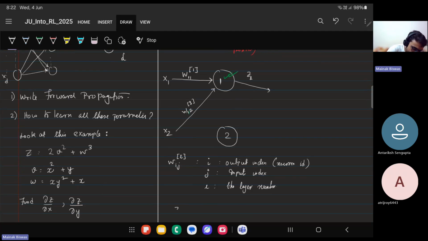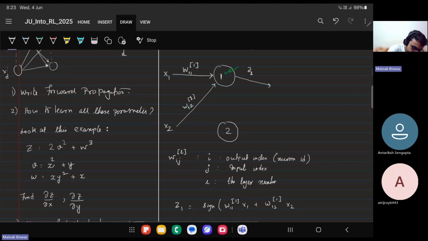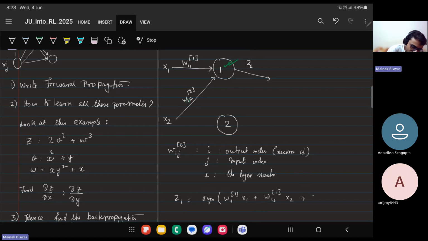So Z1 is sign of W11 X1 plus W12 X2 plus b1 of layer 1. Is this fine?